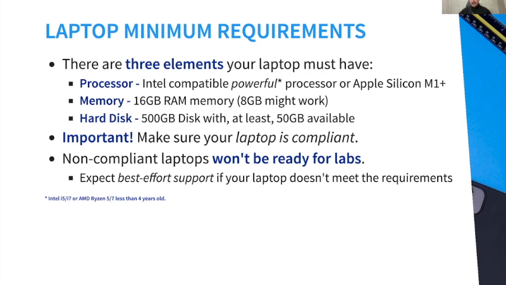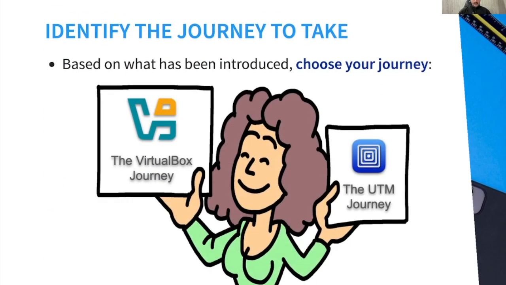They shouldn't be that old. If it's older than four years, you probably have some issues. The processor will struggle to run everything at the right speed, and that's probably going to be a problem.